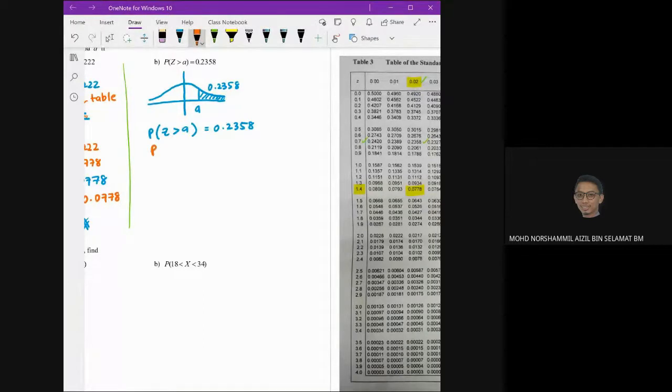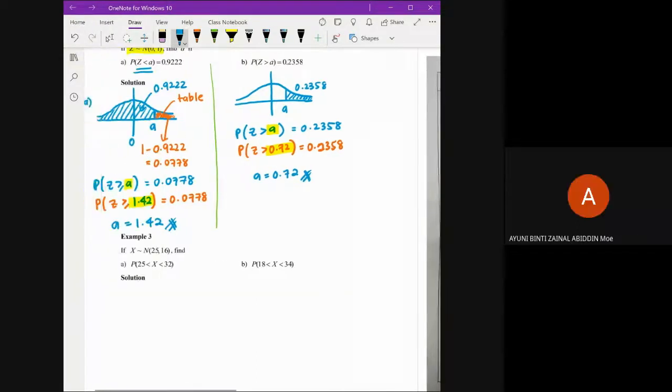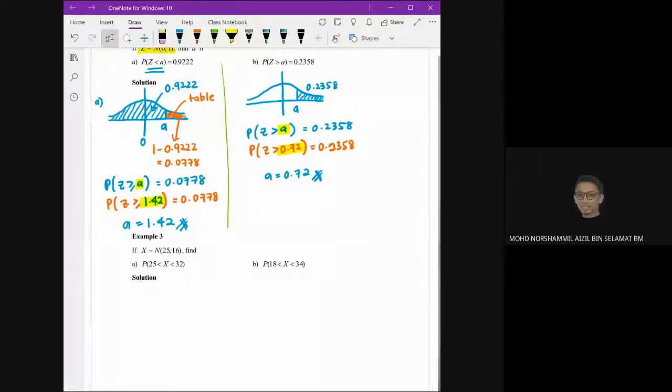From the table, we read that Z greater than 0.72 is exactly the probability that we want, 0.2358. Therefore, by comparison, our A is 0.72. Okay? It's logical, A is 0.72 because it sits on the right of 0.